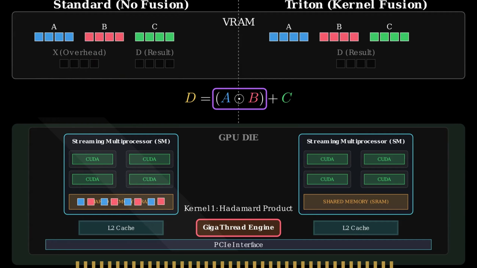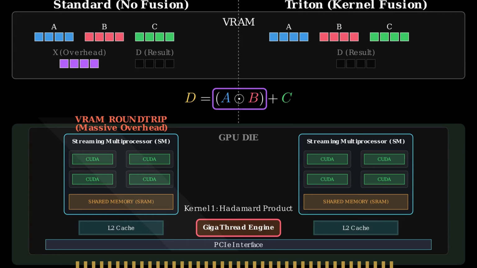Then, each CUDA core grabs its 2 respective elements, performs the multiplication, and the result is returned to VRAM. This is the crucial step that distinguishes the 2 approaches. The Hadamard operation has its own optimized kernel, but in order to use the optimized kernel for the addition, which is the next operation, it must put the temporary result back to VRAM.